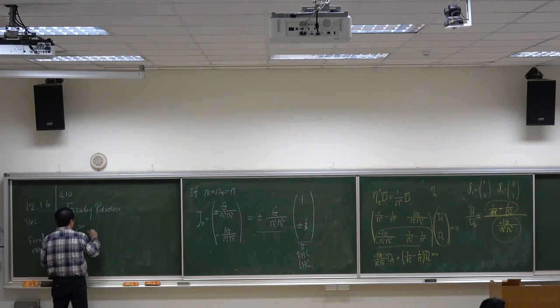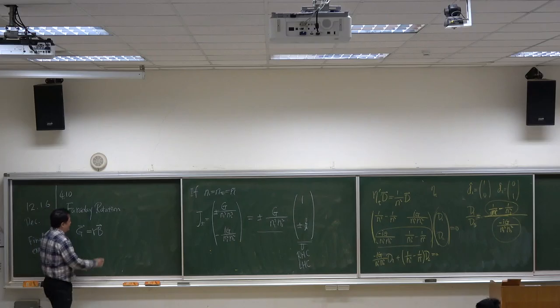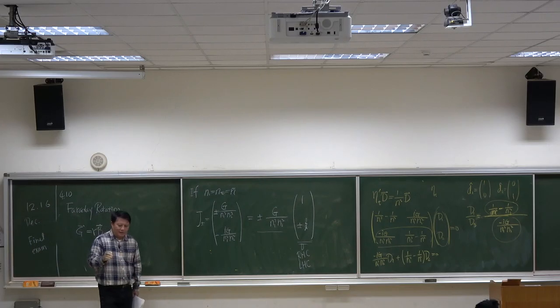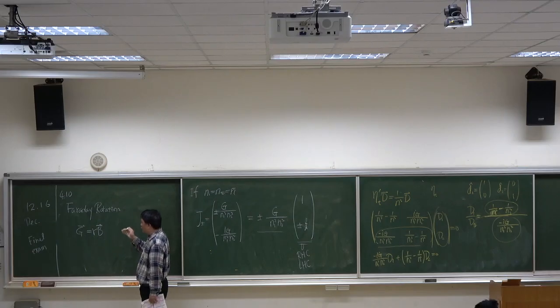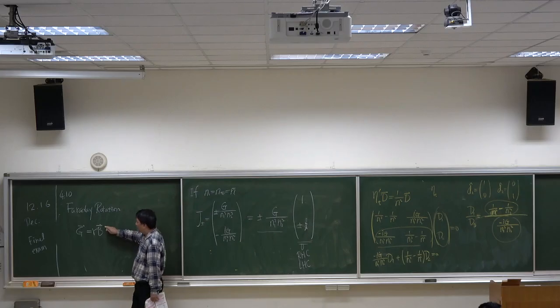But now the G vector is determined by some constant times the magnetic field. OK，就是说现在的这个 G vector 呢，它不再是根据 K vector 来定，而是根据 B vector 来定，就是根据磁场来定。Now G vector is determined by the applied magnetic field.